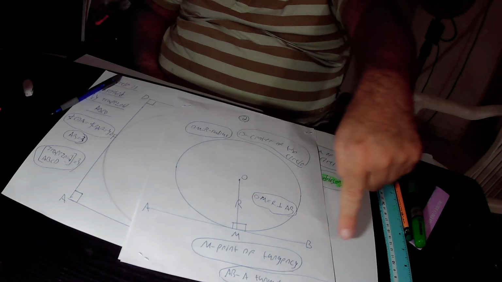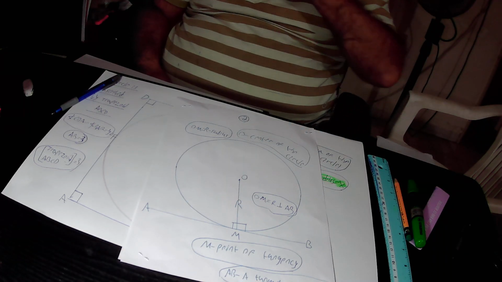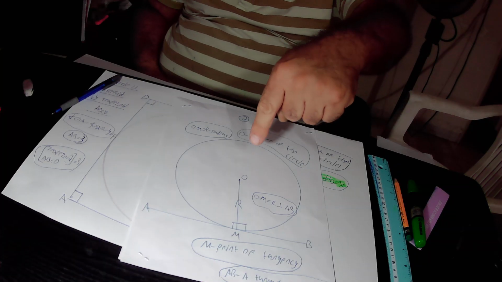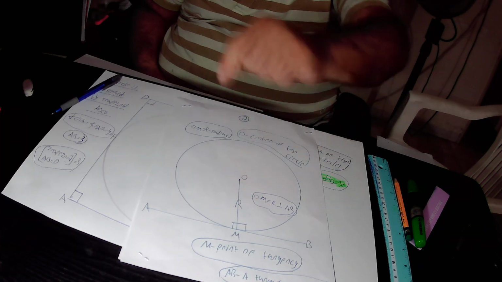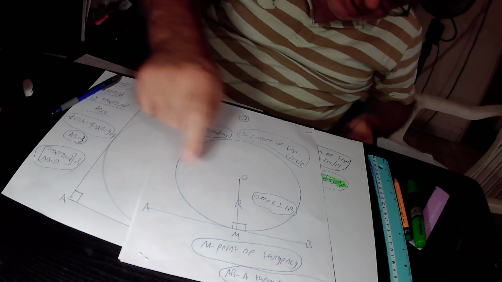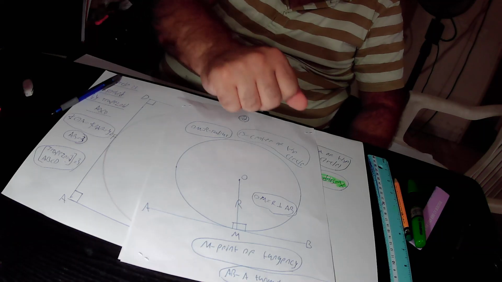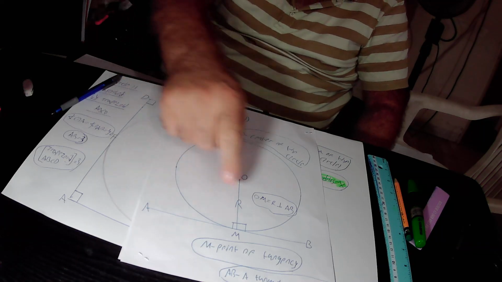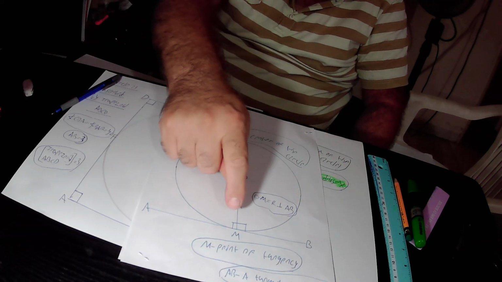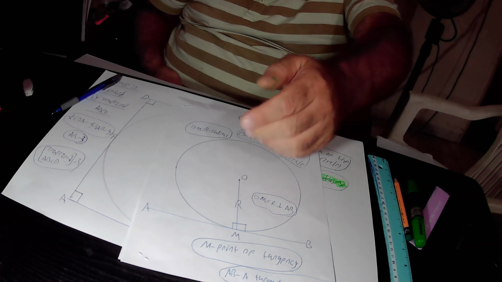This is tangent AB, which is tangent to this circle at point M. In addition, we have the radius OM, equal to R. The radius OM is drawn to point M, the point of tangency of tangent AB with this circle. Whenever you have a radius drawn to the point of tangency, then tangent AB will be perpendicular to the radius MO. If AB is perpendicular to MO, this angle is 90 degrees, and this angle is also 90 degrees according to rule 1.